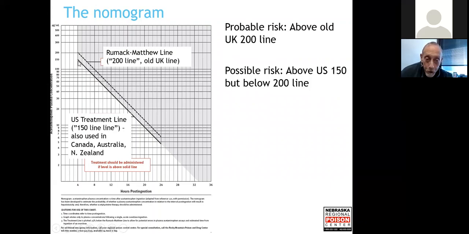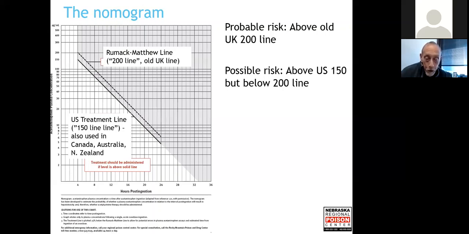The one that was adopted in the US was lowered by the FDA as an extra safety margin. That's the one that we still use today, and it's used in other countries. It's used in much of Canada, Australia, and other places. It starts at 150 mics per ml at 4 hours.